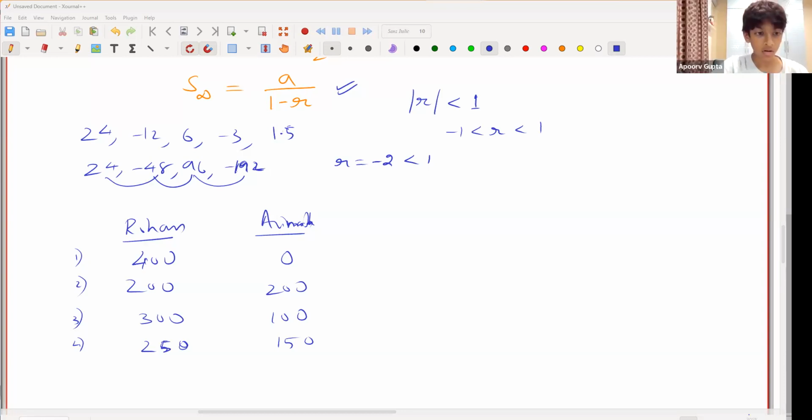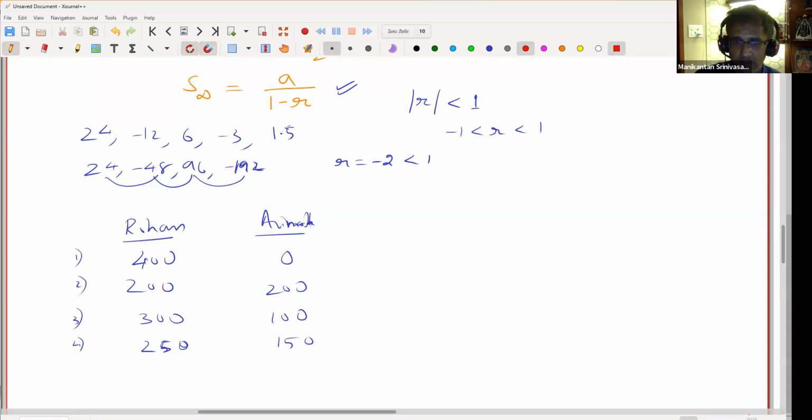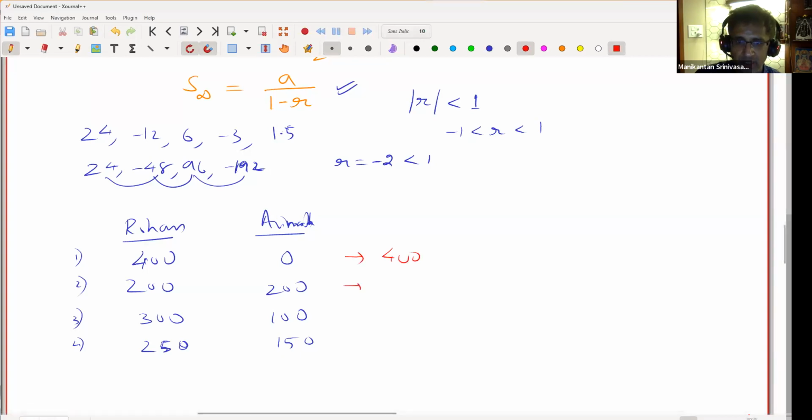So you're asking what will be the money left with each of them? Correct. And a good check is that collectively they should have only 400, because there's no other person in the system. On any day, between them, they should have a collective total of 400.